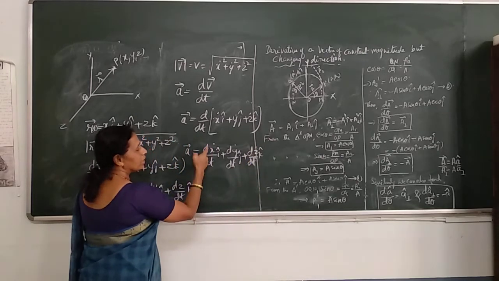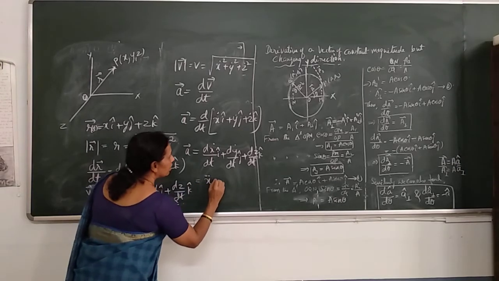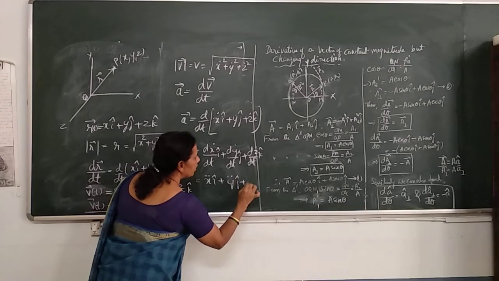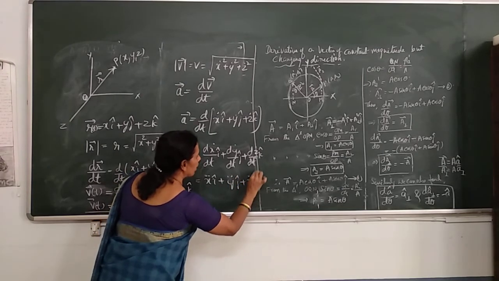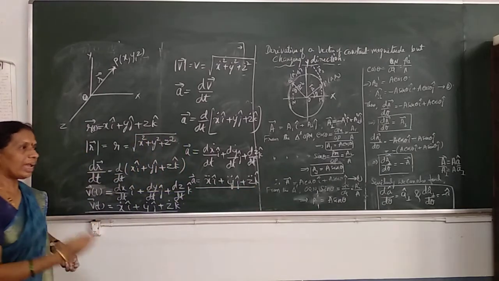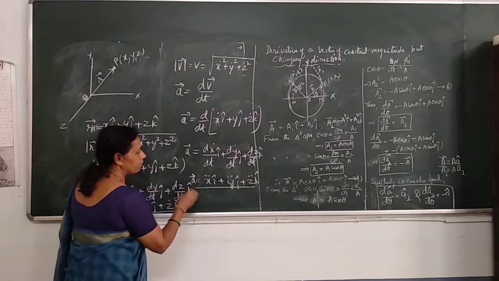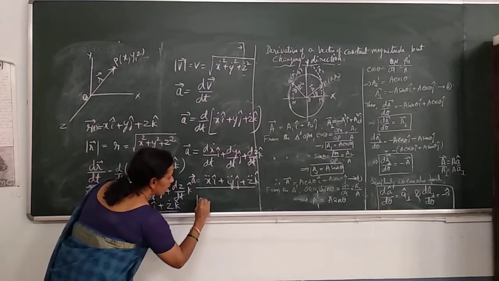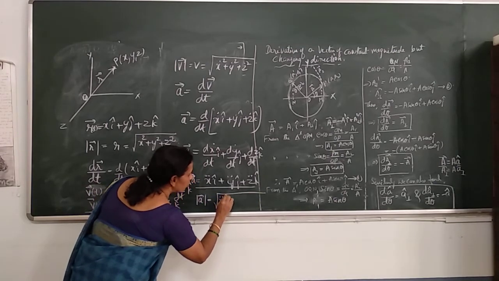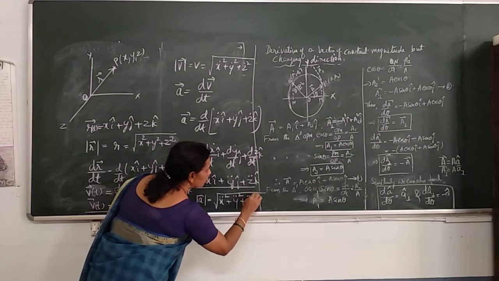The derivative of x dot is denoted as x double dot i cap plus y double dot j cap plus z double dot k cap. This is the expression for acceleration at any instant, and mod A, or magnitude, is given by root of x double dot square plus y double dot square plus z double dot square.